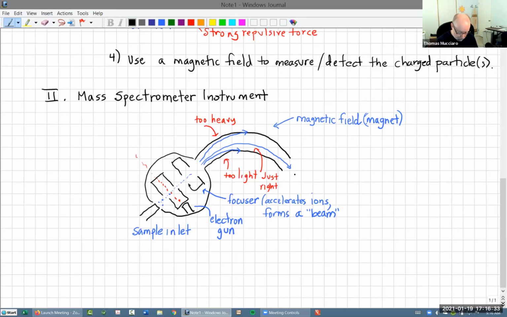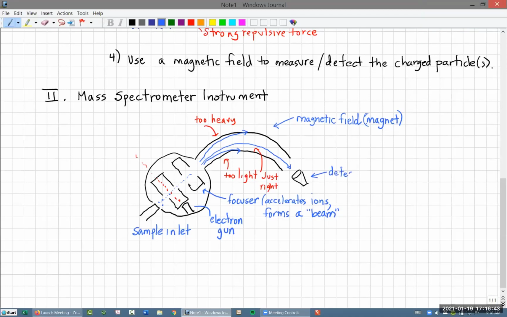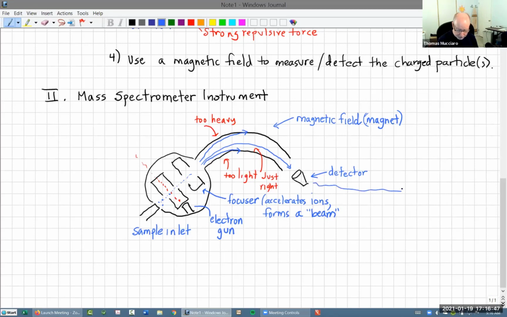And then what they have is a detector. And then all of this is hooked up to, like, a recorder or a computer. So when I was an undergraduate, I took a class in instruments.